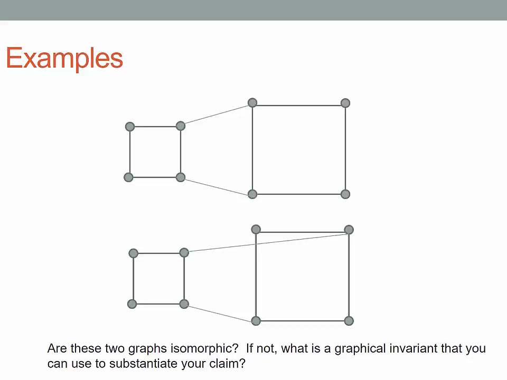We still have the 4-cycle on the left and the 4-cycle on the right, but we no longer have the 4-cycle in the middle. And in fact, by changing that adjacency, we now have generated a 5-cycle. So we could say these are not isomorphic because the bottom one has a 5-cycle and the top one does not. Or we could say the top one has three 4-cycles and the bottom one does not.